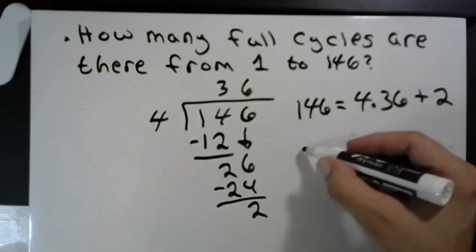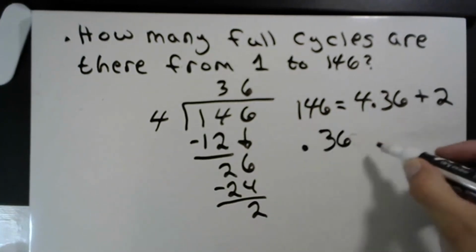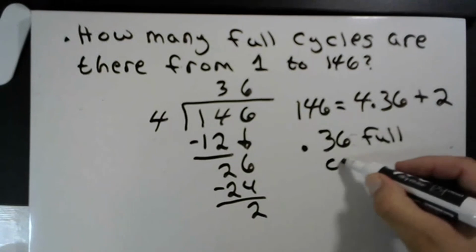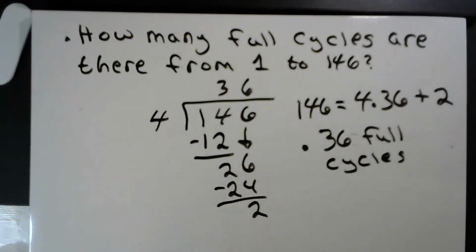So what we have, there are 36 full cycles. So what does that mean for us? Well, every time we complete a cycle, we then start over again. I'm just pulling up my cycle here.